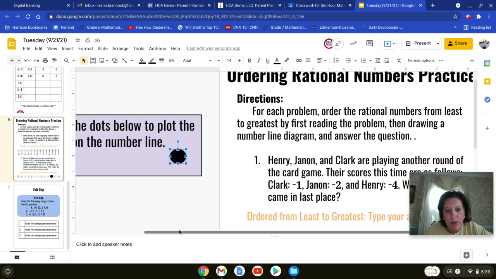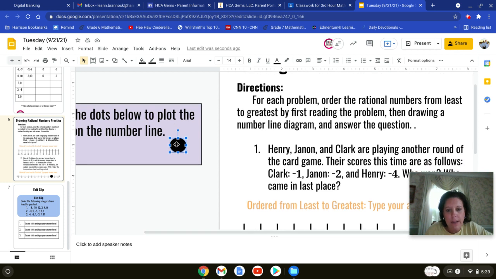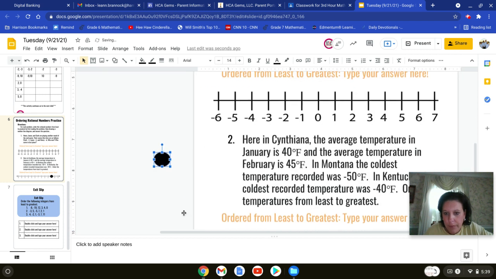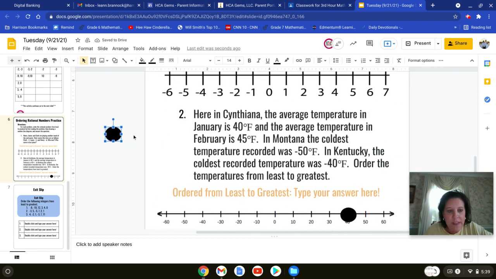And while I can, I'm going to drag down this one just so I can grab it real good. And we're going to put this one at 45. Now, 45 is going to be kind of tough to stick in there. There you are.